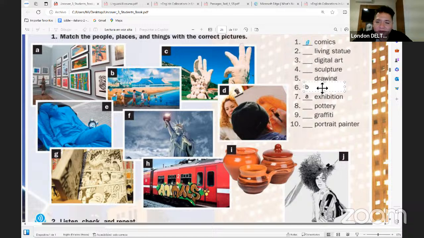Okay. Very well. Please tell me, Flor, what do you see in letter C? Fernanda, what do you see in letter C?